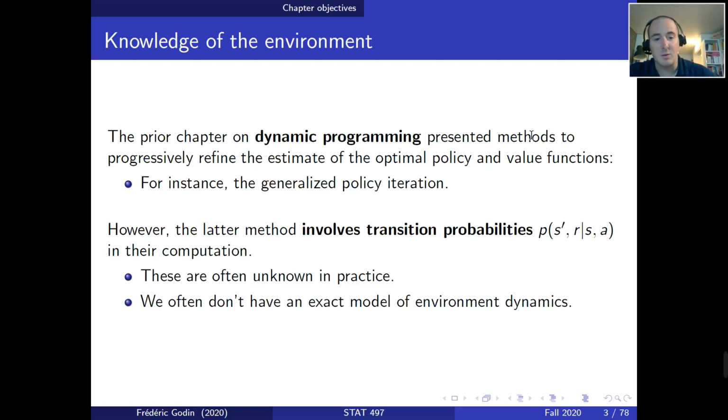And as we mentioned earlier, all these steps, policy improvement and policy evaluation, both required transition probabilities P, which for some problems, as mentioned, don't exist.